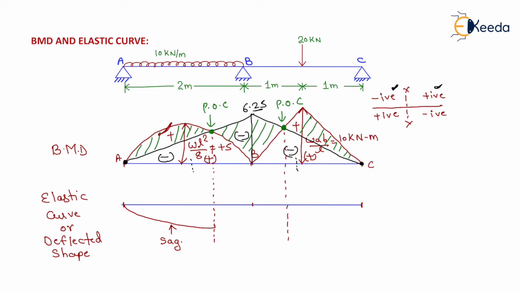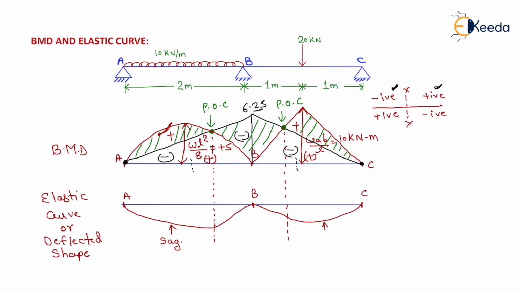Now in the middle portion there will be negative moment acting from this point to this point, so there will be a hogging shape like this, and due to support at B, the deflected shape will need to touch the base axis. That is support B. Now in the remaining portion the moment is throughout positive, so the remaining shape will be sagging in nature, like this.